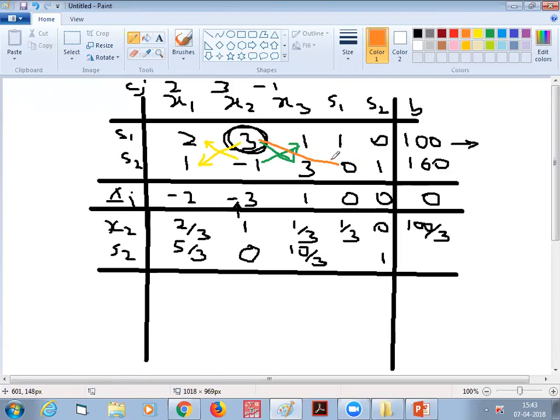This one, 3 into 0 is 0 minus 1 into 1. So 0 plus 1 is 1 by 3. So 1 divided by 3. And last one is the B column, let's take purple. So 3 into 160 is 480, minus 1 into 100 is 580. 580 divided by 3 is what we want.